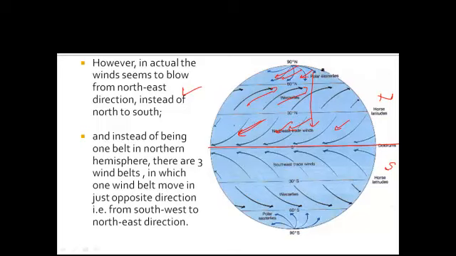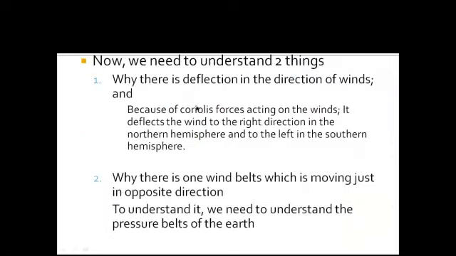We can understand why these winds are moving like this, because this is a high pressure area, this is a low pressure area comparatively, and this is the high pressure area, this is the low. So the winds are moving from poles to equator, but in between, at this part, the wind is moving in the opposite direction. Why? Now we need to find out the reason for this.